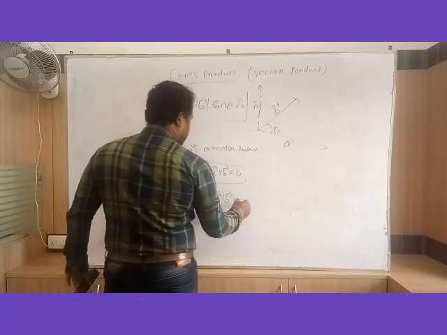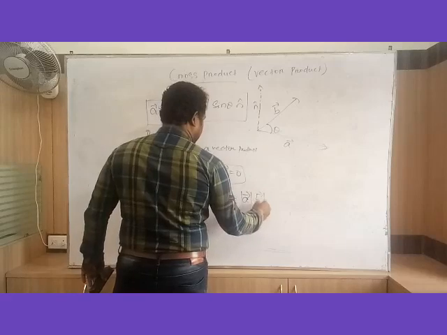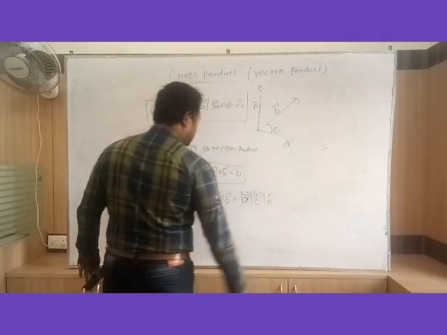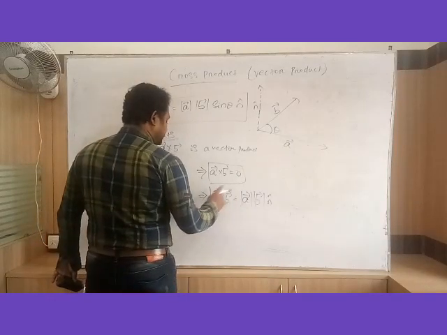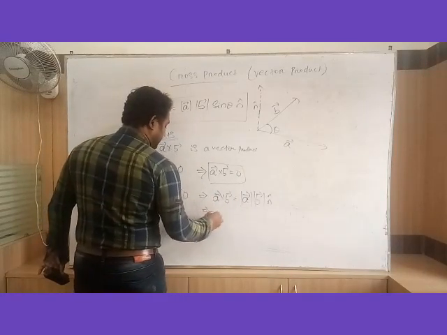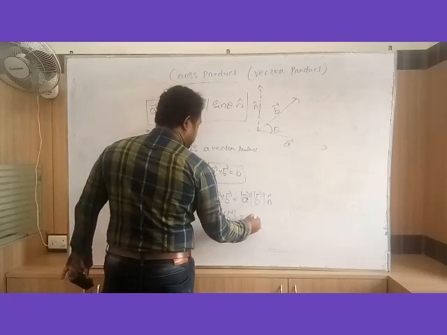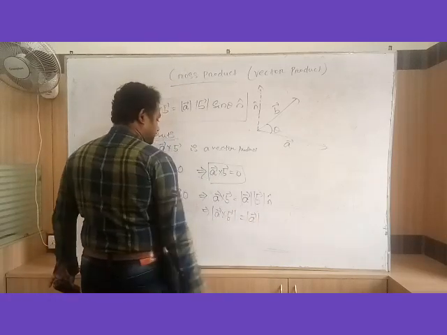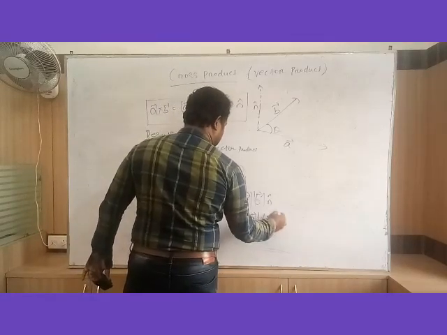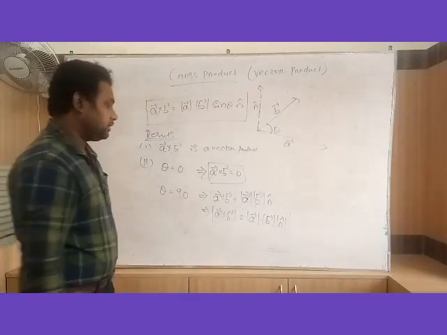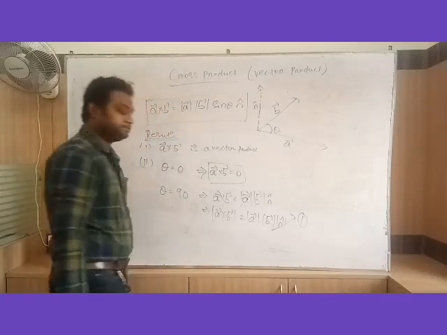Then A cross B has magnitude of A into magnitude of B into the magnitude of n cap, where the magnitude of n cap is 1.